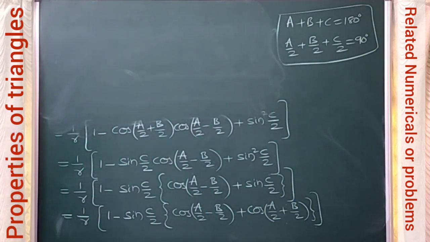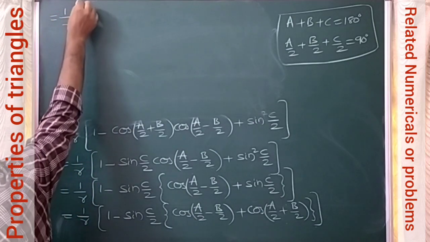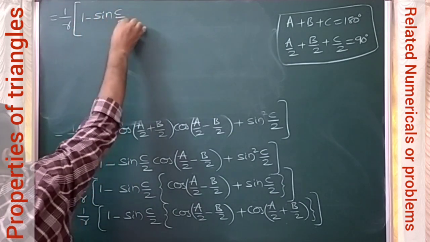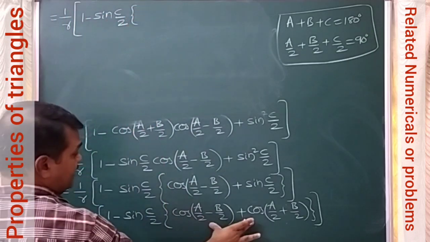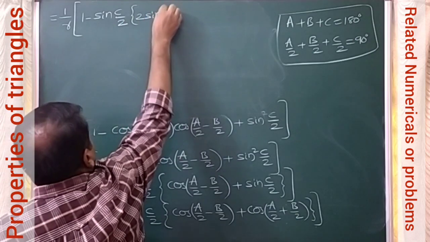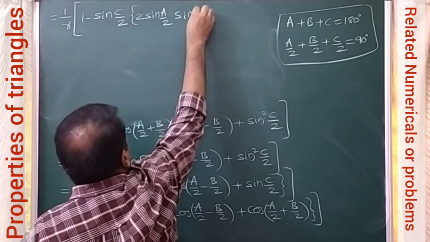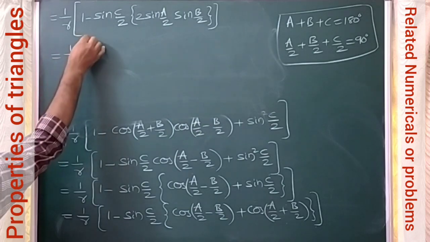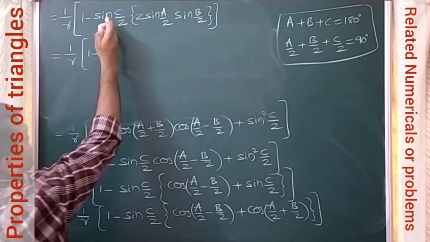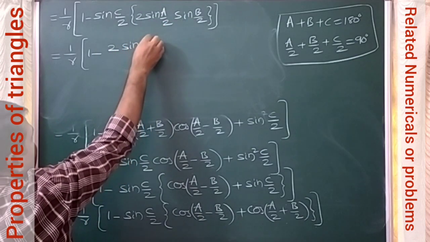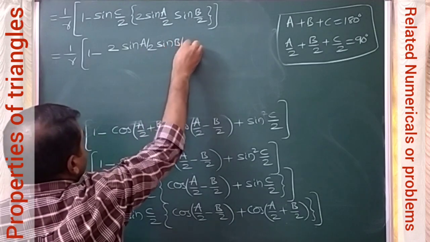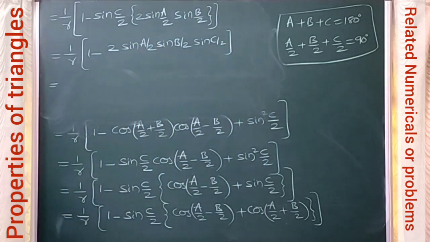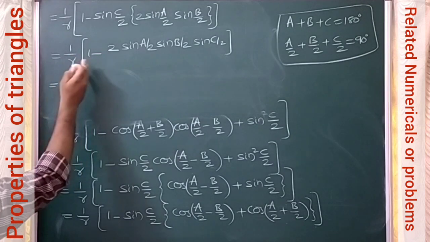Just observe now: 1 by small r, 1 minus sin C/2, so this part is actually 2 sin A/2 sin B/2. Hmm, so this is 1 by r, 1 minus 2 sin A/2 sin B/2 sin C/2. Next, I am going to multiply with this small r.